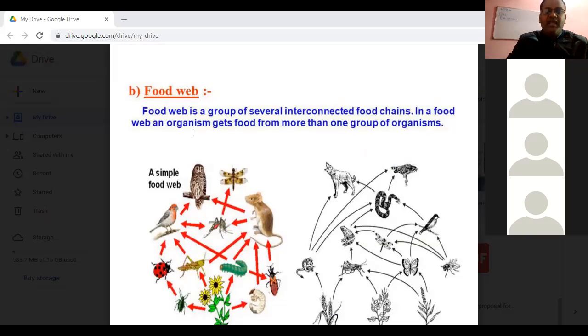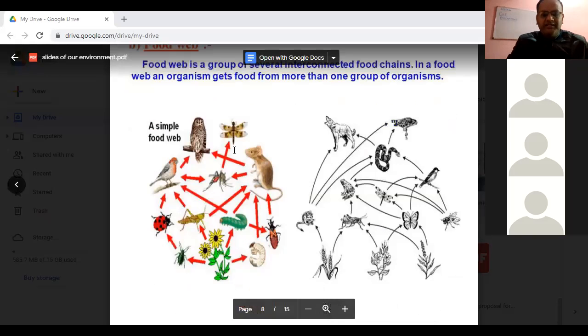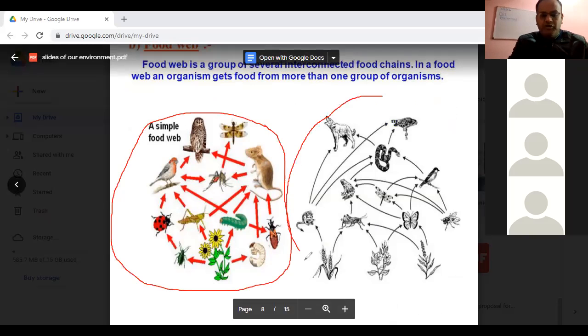In a food web, an organism gets food from more than one group of organisms. Here you can see in this image how the food chains are interconnected, where one organism is eaten by another, and hence by more organisms also.